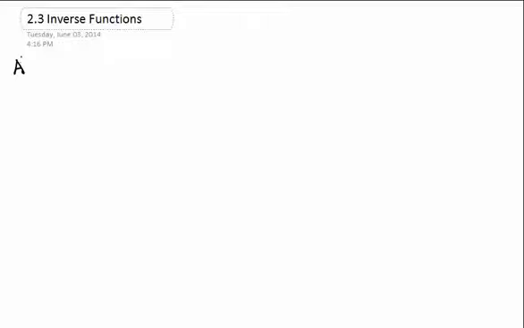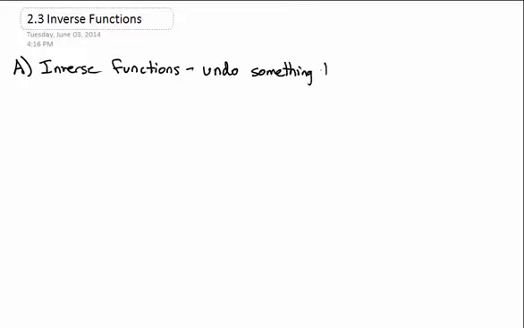And so first, to define what we're talking about with these inverse functions, we're basically asking for a function that undoes something that has been done.